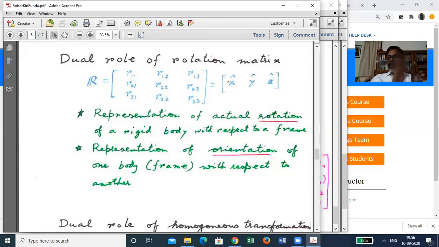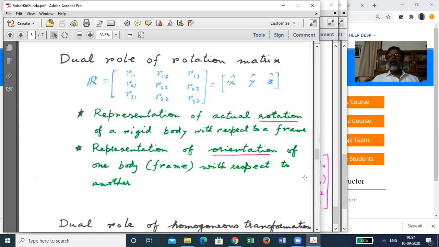It can represent an actual rotation, or it can represent an orientation. And a particular orientation and a particular rotation are related by the fact that the rotation, starting from an identity orientation, brings the body to the current orientation represented by the same matrix.